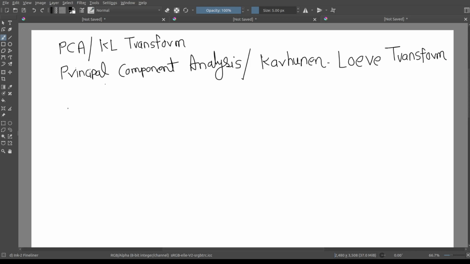My first query about this transform is: why do we use it, what is the need?